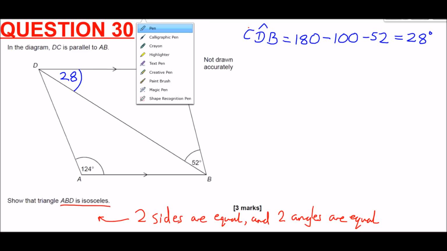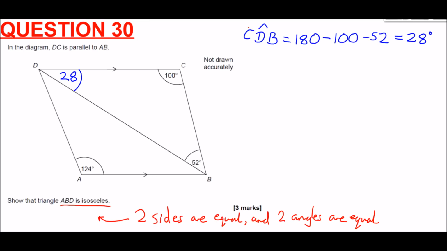Now what we need to be remembering is angle facts, so co-interior angles and alternate and things like that. What we need to spot here is that because DC and AB are parallel, we can make a Z angle involving them.